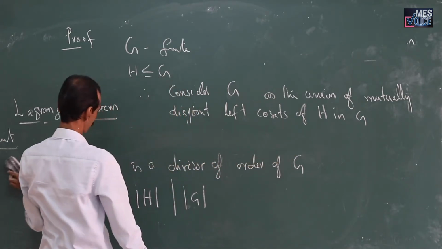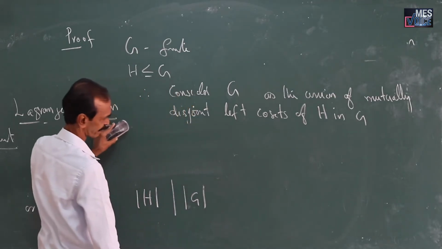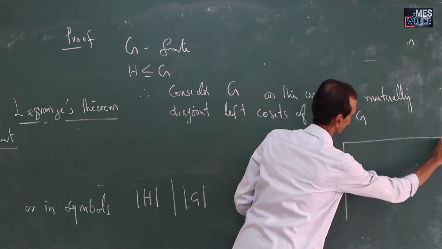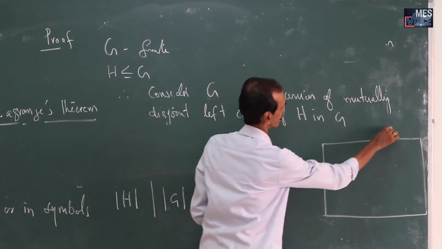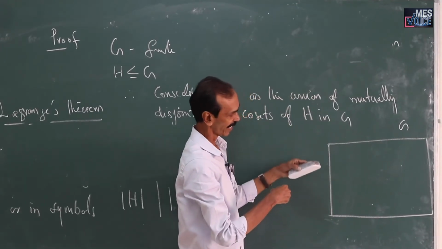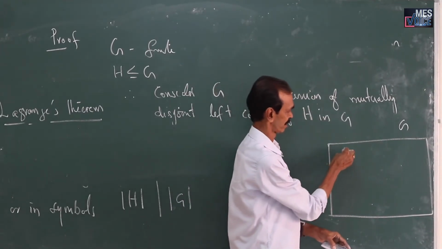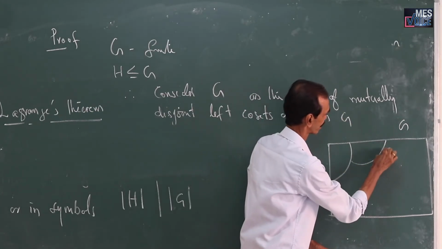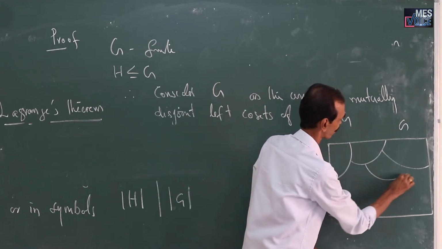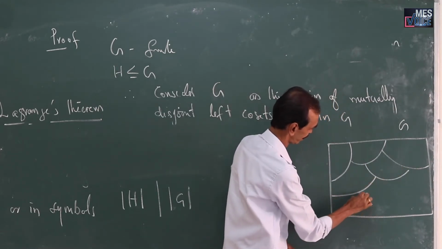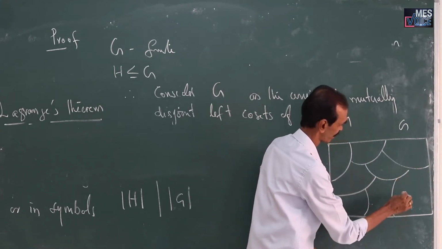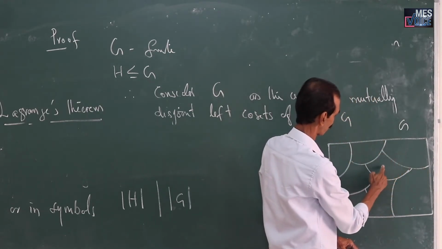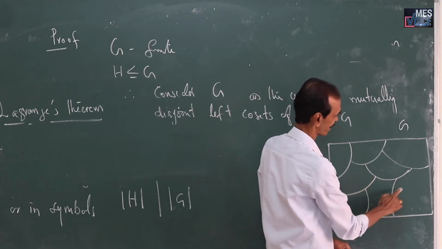Okay. So, I can have a very simple diagram in this context. Look at the group G. This is G, and I am going to partition it. Say this is one coset, this is another one, this is a third one, a fourth one, a fifth one, a sixth one, a seventh one, so that altogether they are 1, 2, 3, 4, 5, 6, 7, 8 cosets.